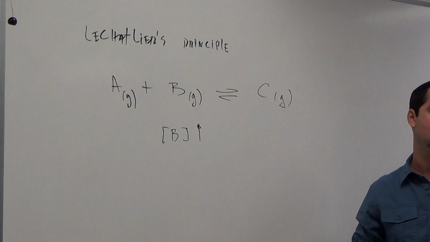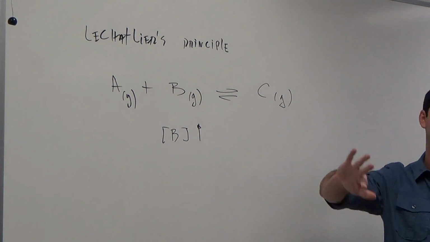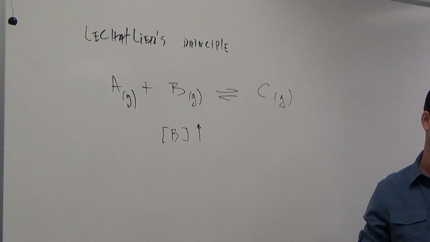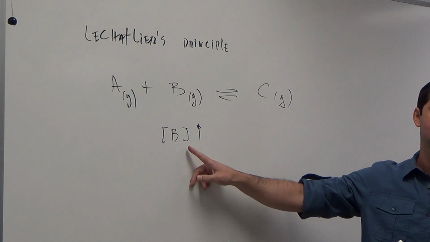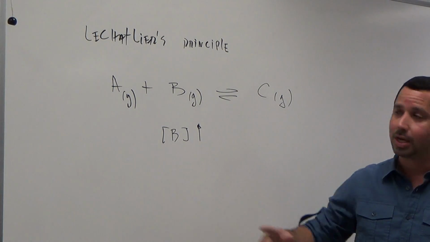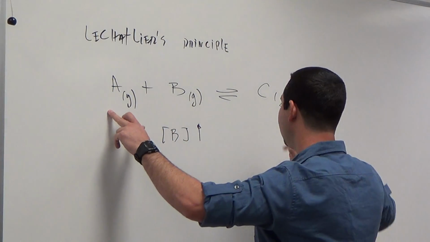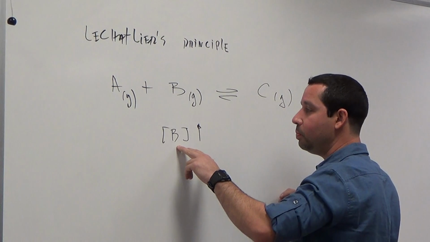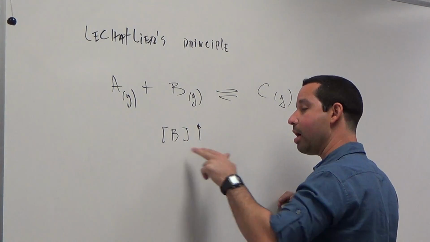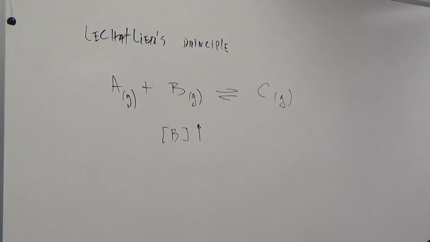It has no choice, okay? It has to consume it. So the system is going to decrease the concentration of B. It does not care what happens to A or to C. If you increase B, it just wants to bring B down. How do you bring B down? By using it up.